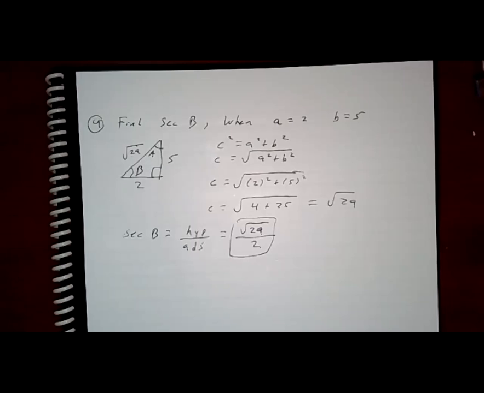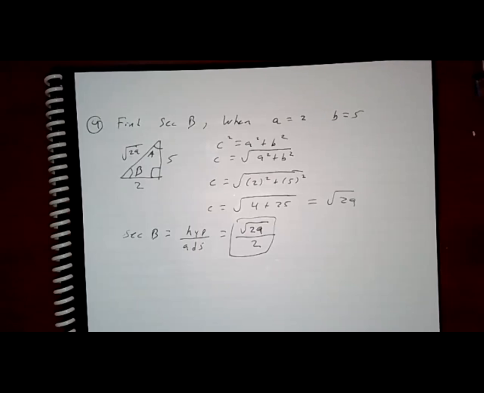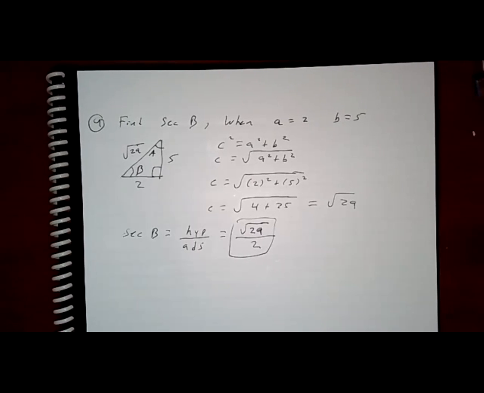Number 10, the same type of deal. Is the triangle given or are we drawing it ourselves? Let me copy paste so you can see. There was no triangle. All they gave us was this.